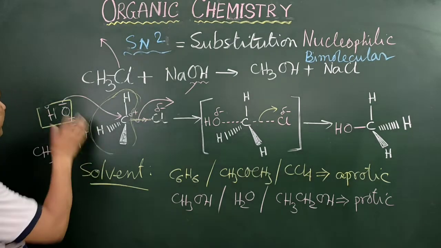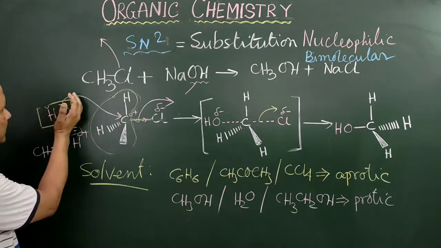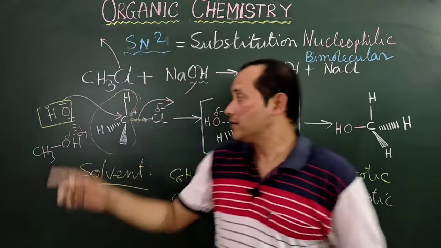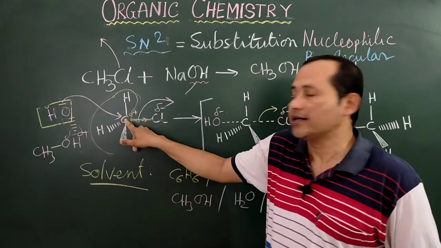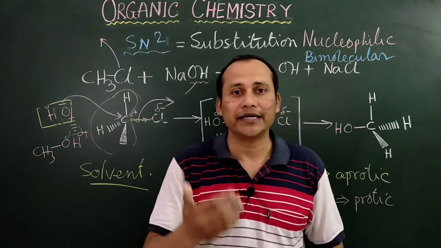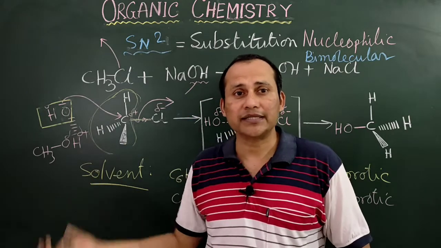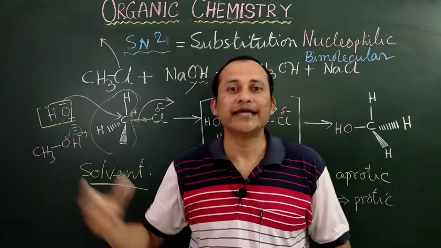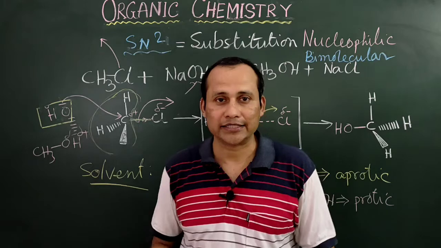So when this will approach towards this, the solvent will attract this one in the opposite side, so this will not be free enough to attack this one, so the rate of the reaction will slow, and this substance will not facilitate the reaction.